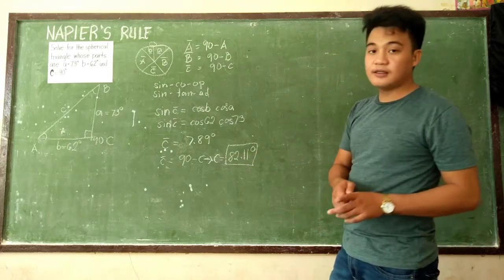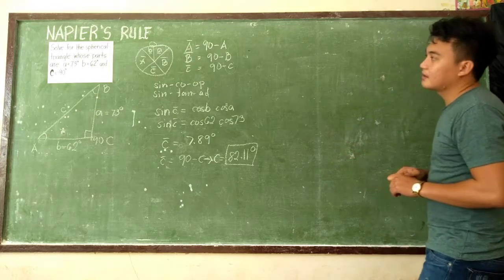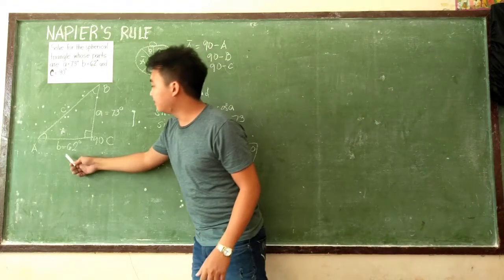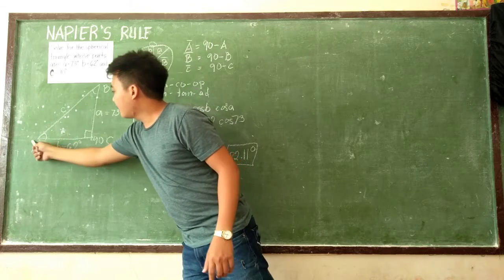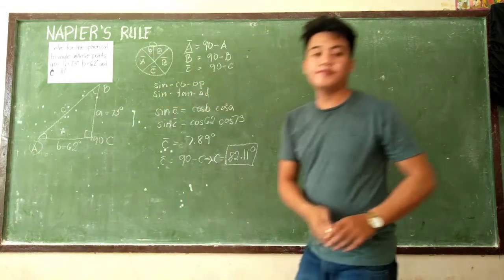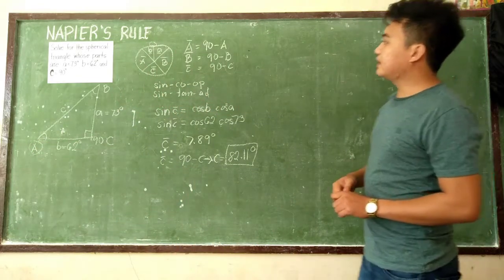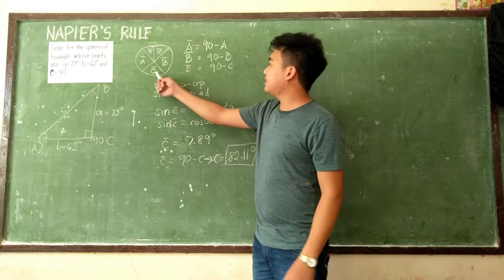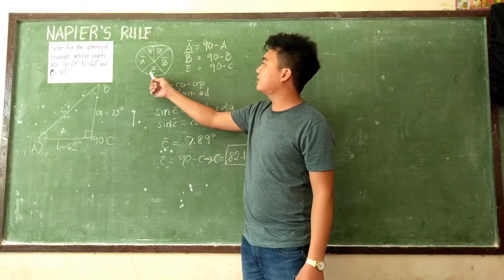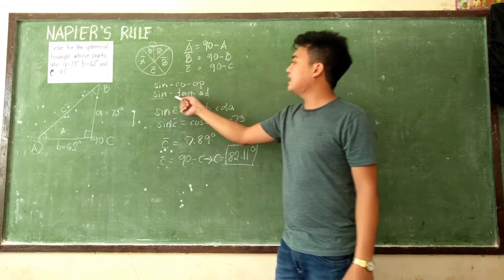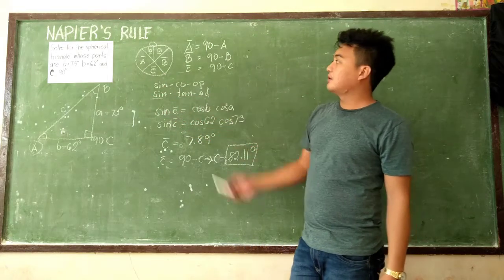Next, let us find the value of A. So since we already have the value of C bar, we can use the sin tan add rule.